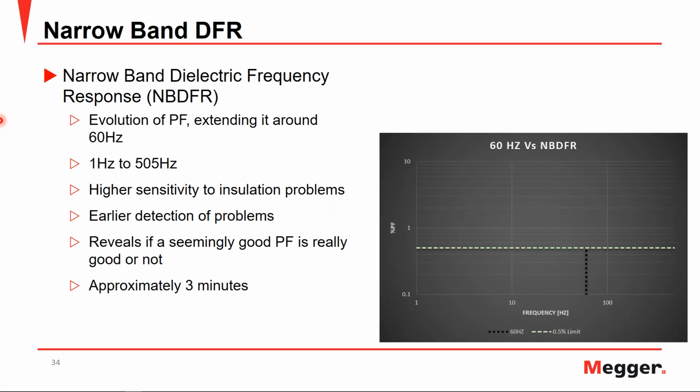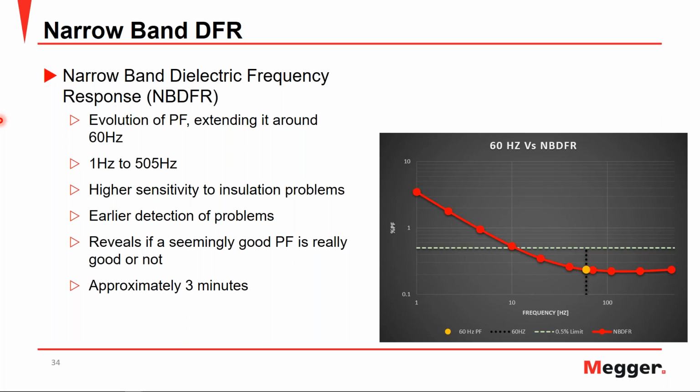Let's take a look. On the right-hand side here, we have a plot that has the 60 hertz value in the black dotted line, and the gray dashed line is the 0.5 accepted limit. Here we have our 60 hertz power factor value just above 0.2. Now, let's take a look at the 10 measurements that were taken for our narrowband dielectric frequency response between 1 and 505 hertz. Now we can see quite a bit of a difference.